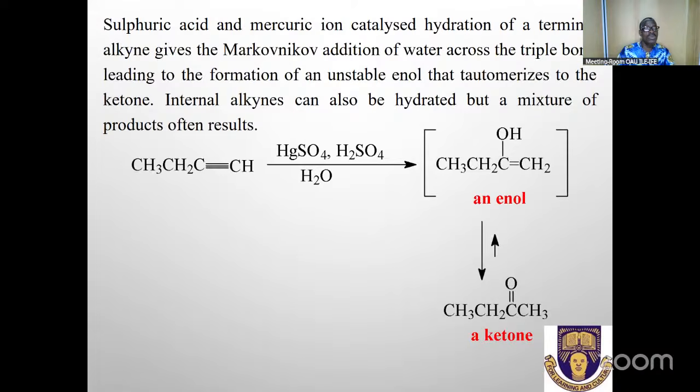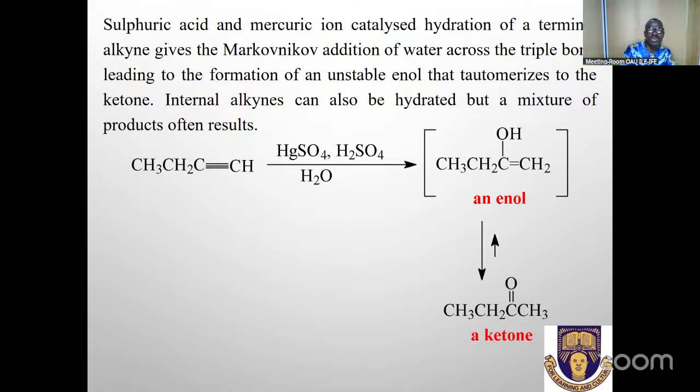Also, if you want the ketone analog of the alkyne hydration, then sulfuric acid and mercuric ion will catalyze the hydration of a terminal alkyne, which gives a Markovnikov addition of water across the triple bond. You can see the first one is an anti-Markovnikov addition of water across the triple bond, but using sulfuric acid and mercuric ion as catalysts, the hydration of a terminal alkyne gives a Markovnikov addition.